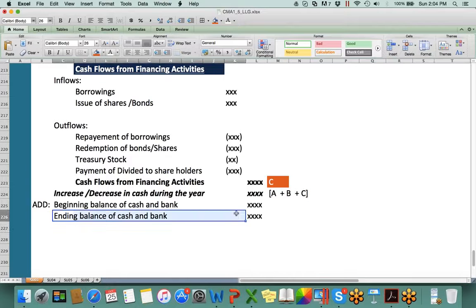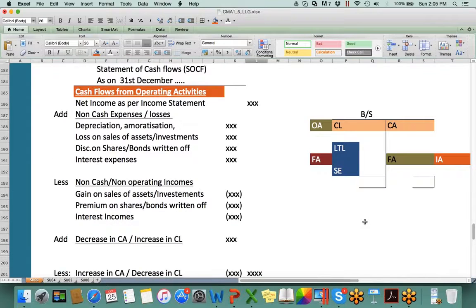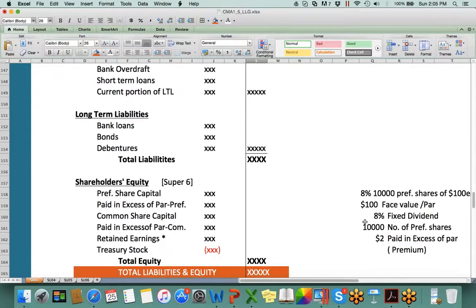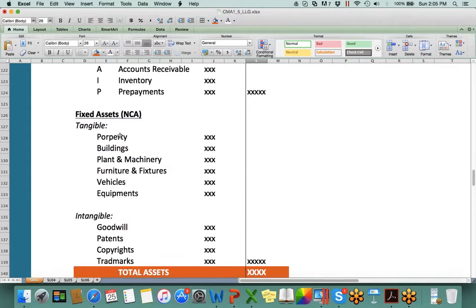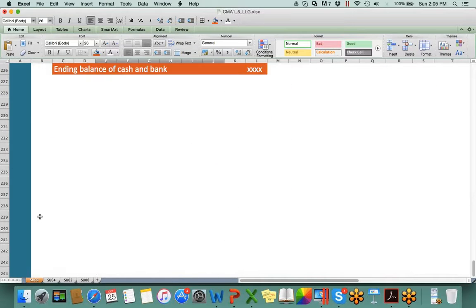Cash and bank. Remember, this amount you are going to find in your balance sheet. This amount has to match exactly with your balance sheet item, cash and bank balances.